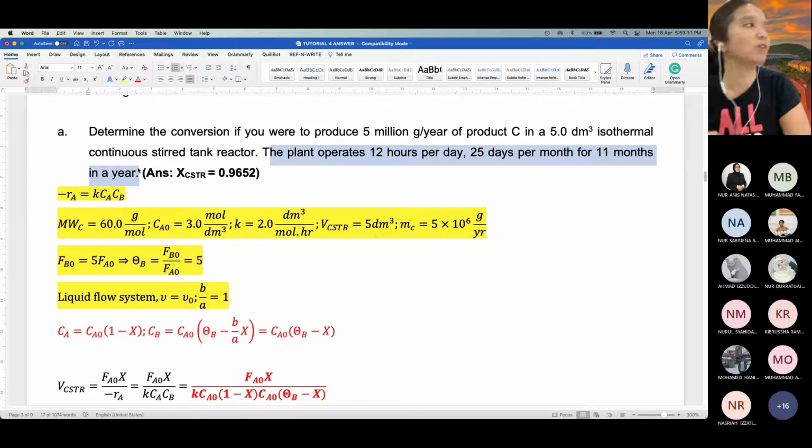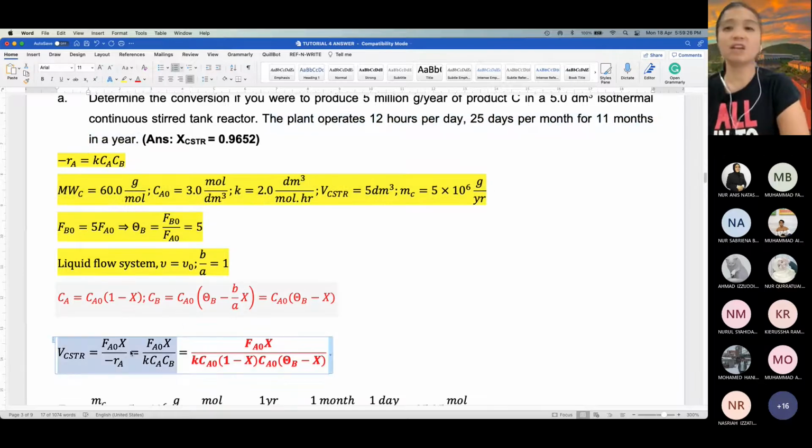Right, so macam nak solve problem ni kan. So you always ask, macam mana kita nak solve problem ni? Okay, alright. So kamu ingat, okay, this one is definitely chapter 4 kan. So kalau dia adalah chapter 4, kita mesti akan sentiasa start from the design equation untuk kita nak solve benda ni.